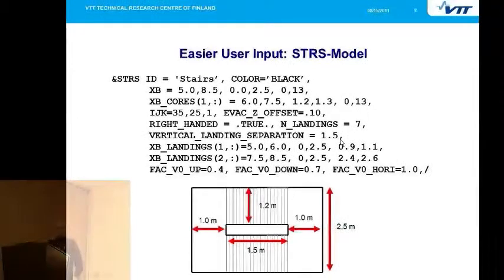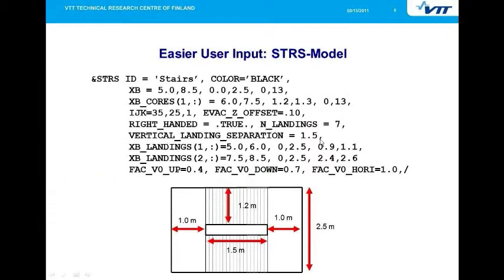So to define a stair, you just need one line where you say MOVE is XB, so give the coordinates, width and length. And then you say in the middle of the stair flights you have some railings or concrete block or whatever. So you give it, and then you give the landing sizes.